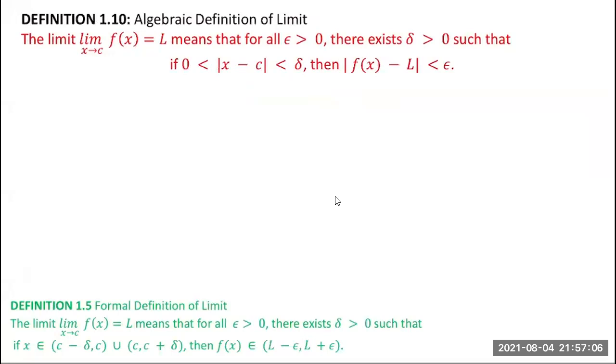All right, here is the algebraic definition of limit, definition 1.10.